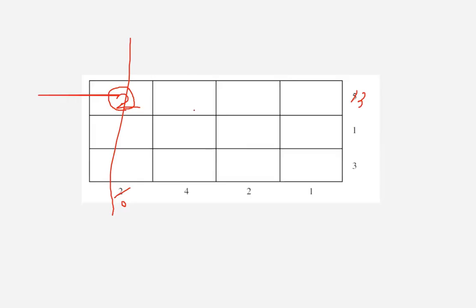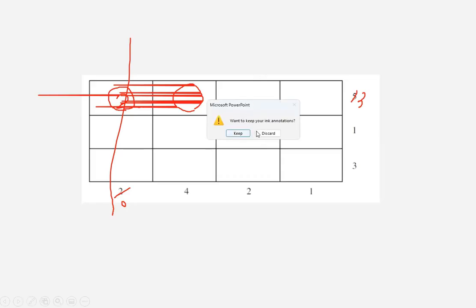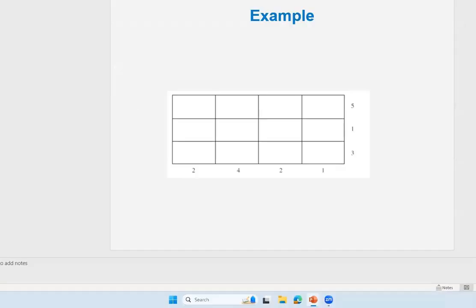Find the most northwest cell, which is here. Let me do it here. Maybe it works better. So minimum of those two is 2.